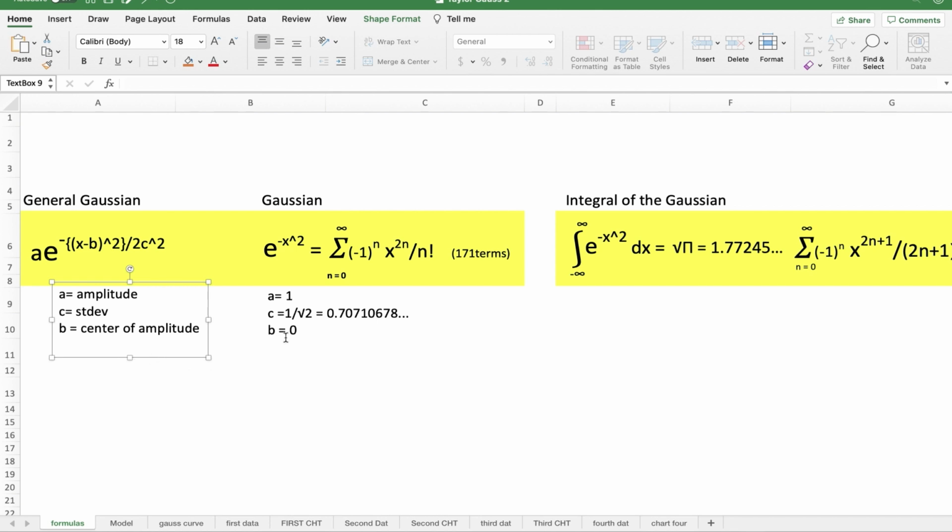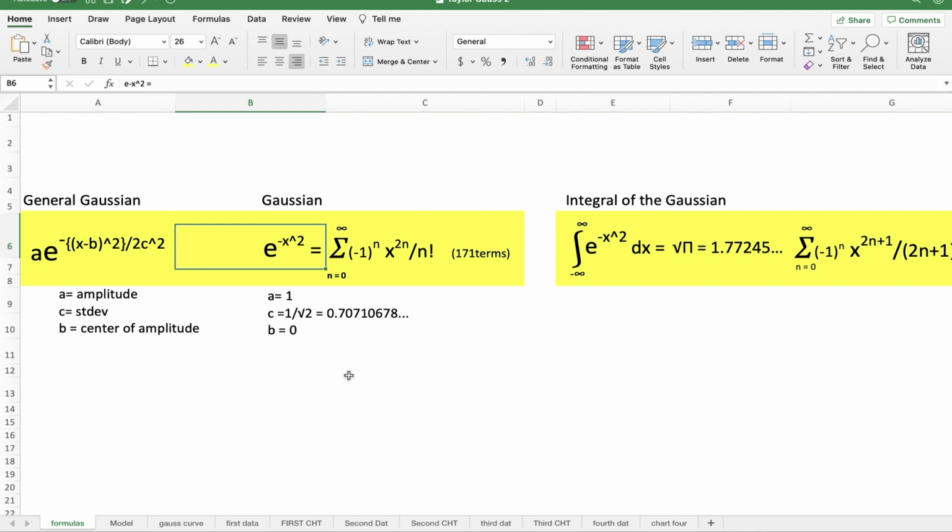And in our particular case, the solution to the differential equation that we had, we were looking at e to the minus x squared. And that is the special case where A is 1, C is 1 over the square root of 2, because the denominator here is 1.